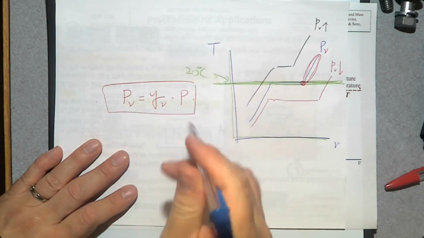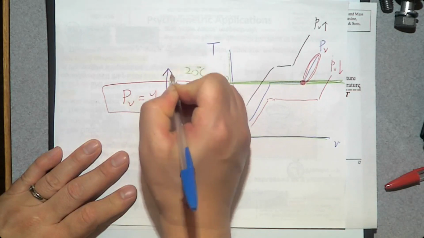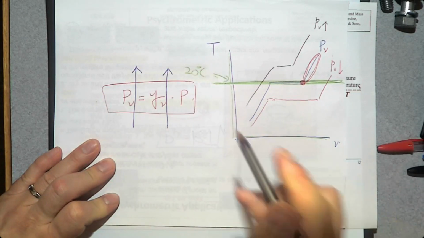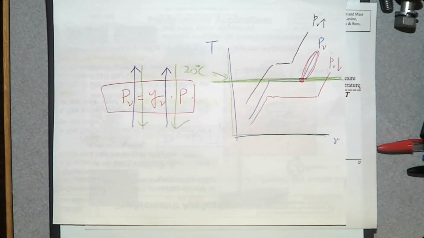So if the amount of water vapor goes up, the partial pressure goes up. If the amount of water vapor goes down, the partial pressure goes down, okay? So at this temperature, pressure should go up when you have more water vapor.